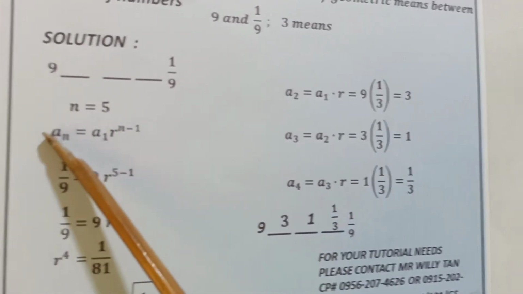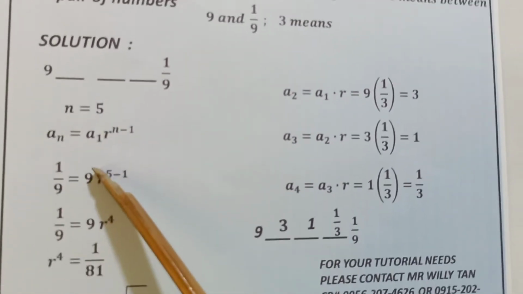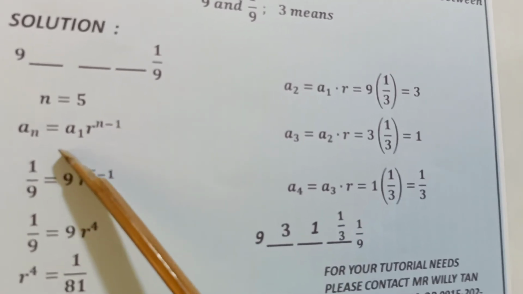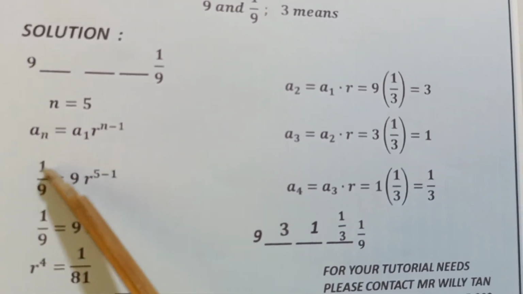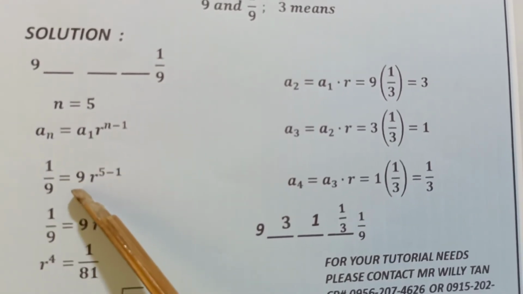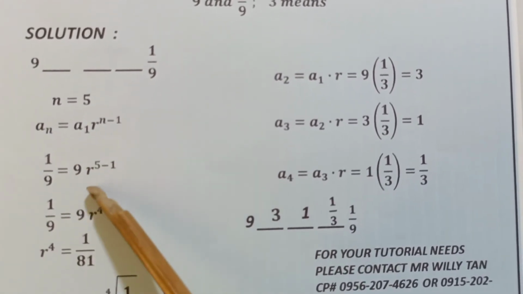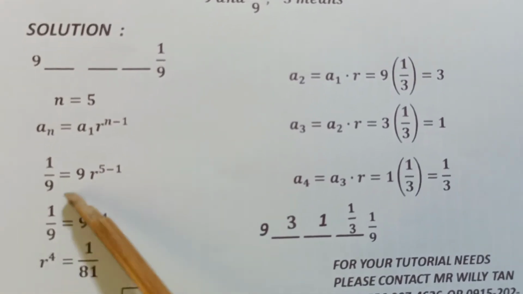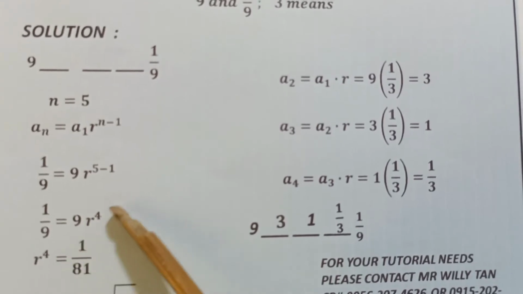So we're also going to use a sub n is equal to a sub 1 times r raised to n minus 1, where r is the geometric ratio and a sub 1 is the first term. So a sub n, the last term, is 1/9, which is equal to 9, the first term, times r raised to 5 minus 1, the number of terms here. So 1/9 is equal to 9 times r to the fourth.